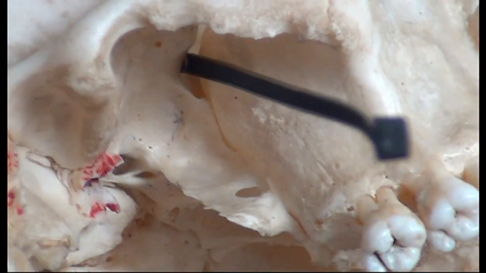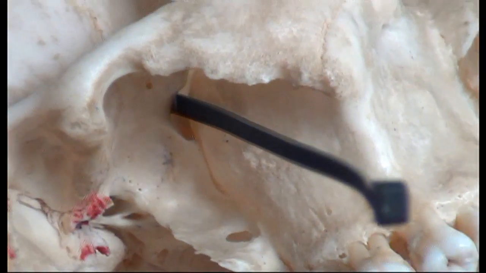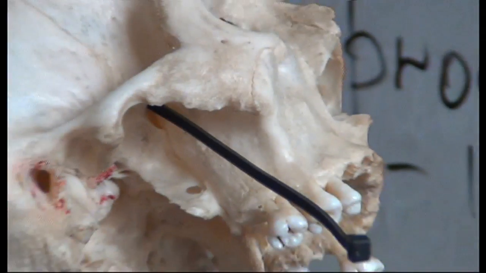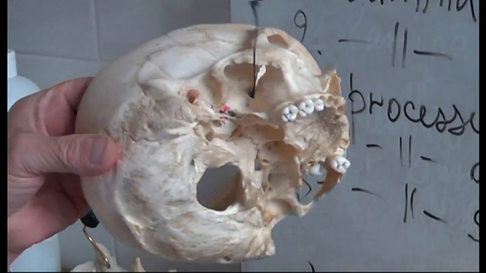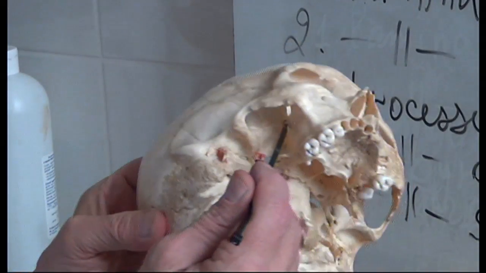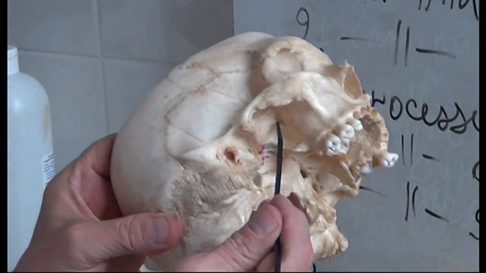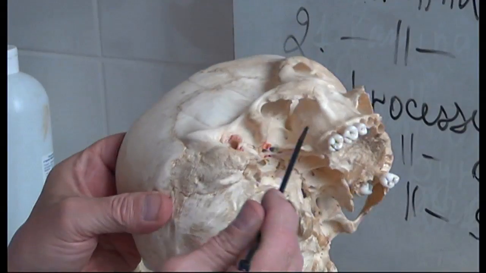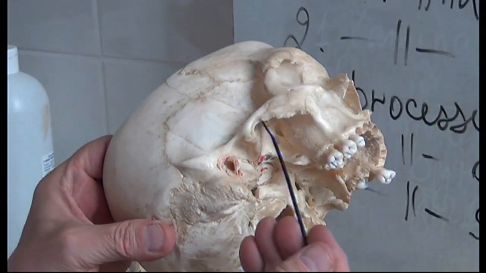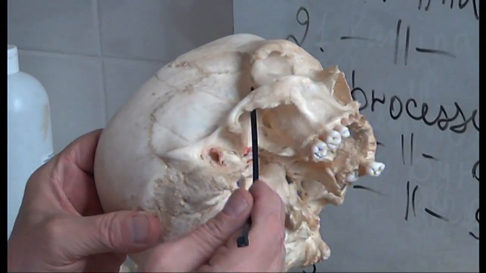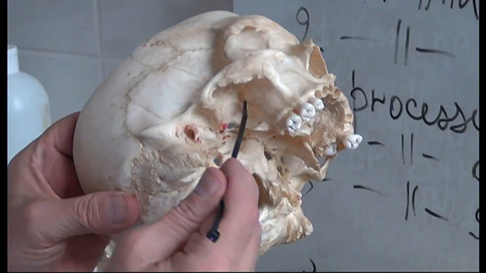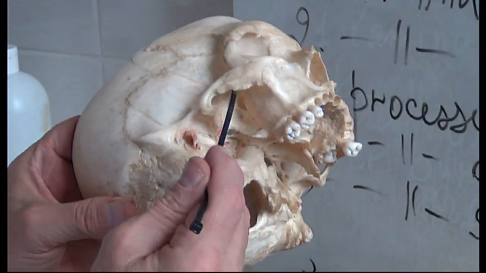From the lateral side, we can find this quite small place between maxilla and os sphenoidale, which is called fossa pterygopalatina.